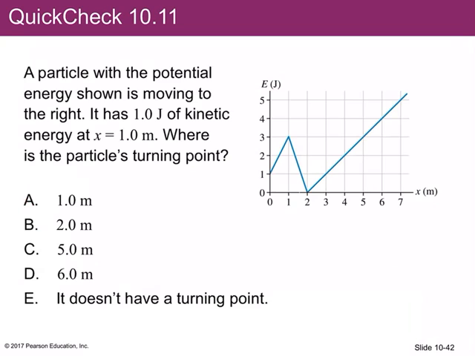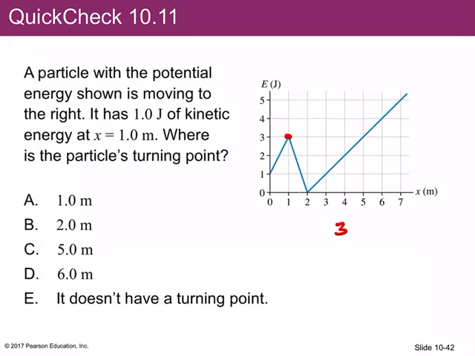Okay? Now this one is the same exact graph. It's saying a particle with the potential energy shown is moving to the right. It has 1 joule of kinetic energy. Same thing. It wants to know what the particle's turning point is.